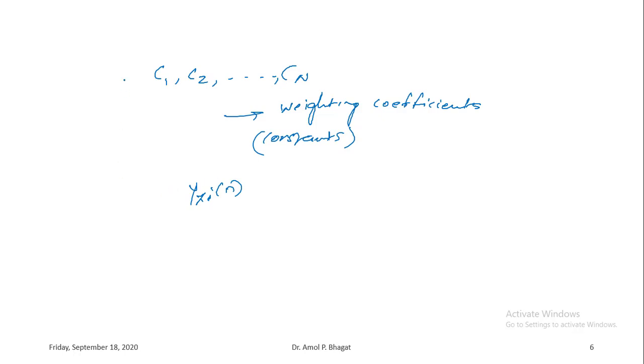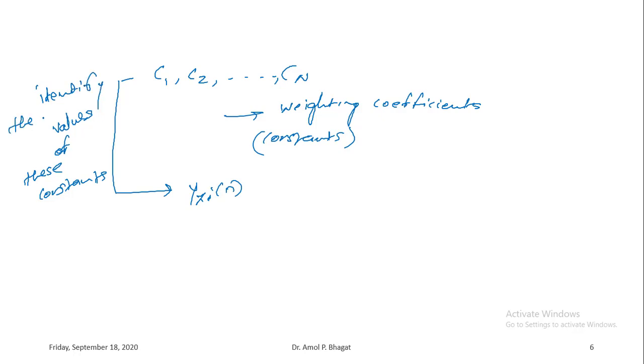So to get this y zi of n, you need to identify the values of these constants.